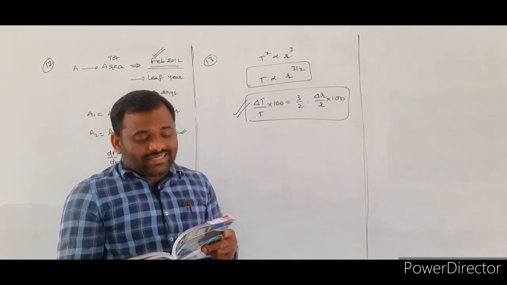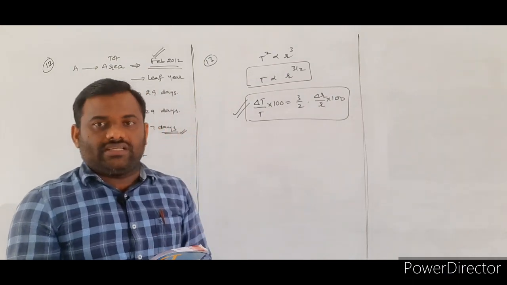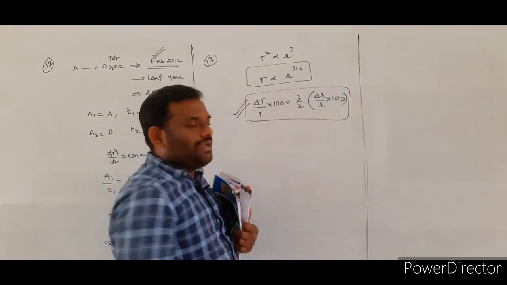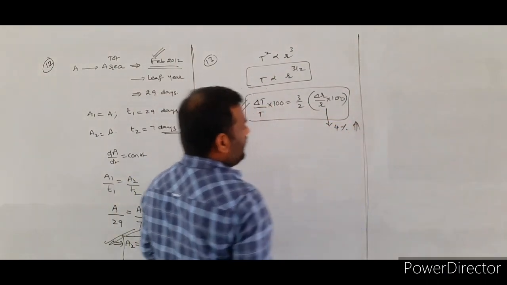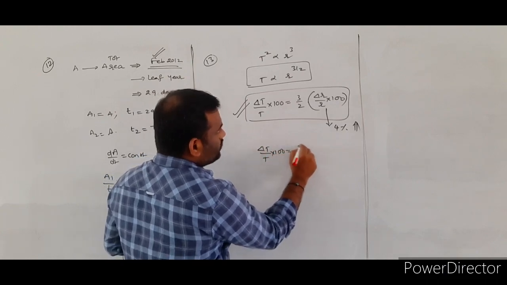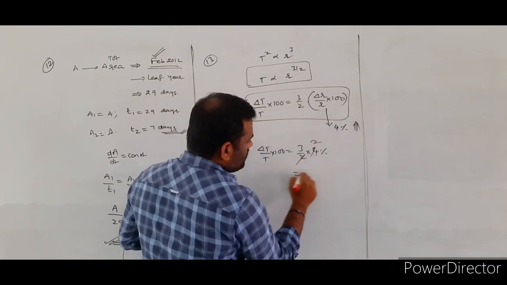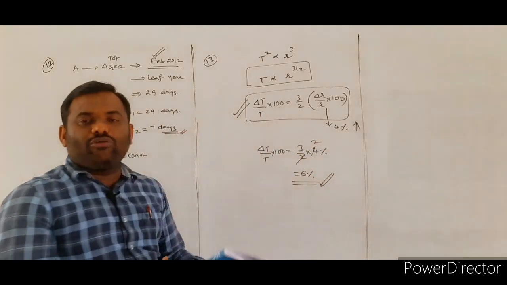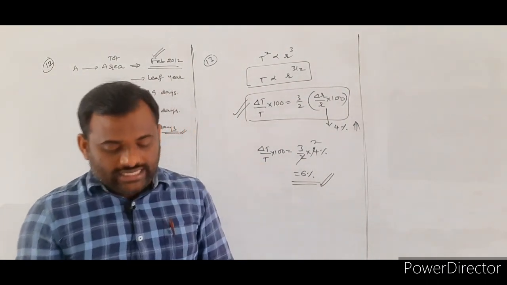What is the percentage they gave? The radius slightly increases by 4%. So delta R by R into 100 is 4%. Therefore, delta T by T into 100 is equal to 3 by 2 into 4%, which is 6%. The time period will increase by 6%. So that is numerical number 13.